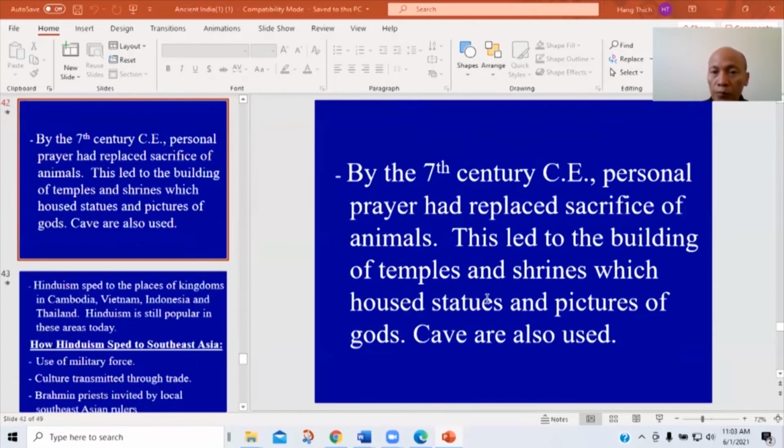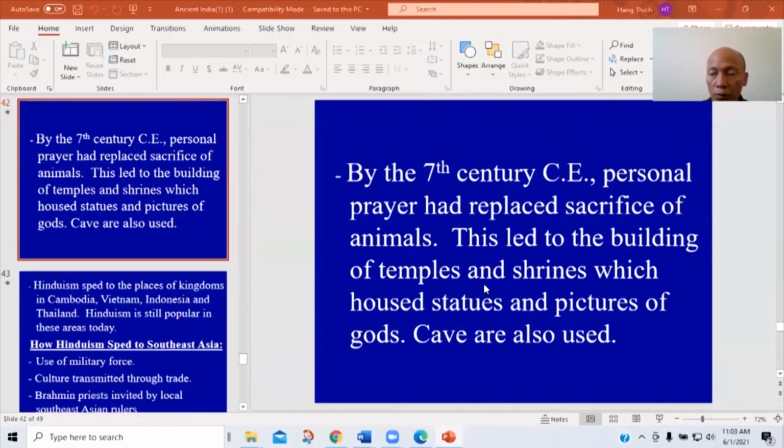That's their goal. By the 7th century, personal prayer replaced the sacrifice of animals. Again, it may have some influence from Buddhism, that they established temples and shrines housing statues and pictures of gods.